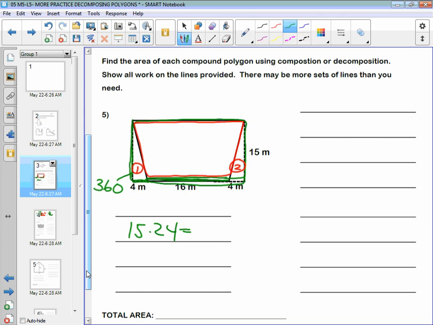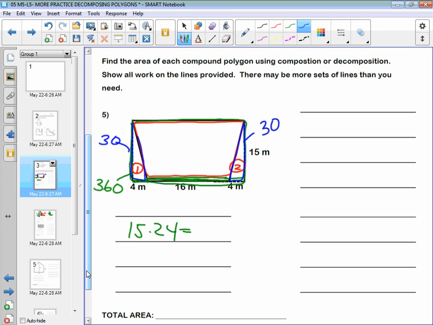I need another color here because this is my triangles. That's 30. And these are the same heights and bases, so this side is 30. I got to subtract those 2 triangles from the whole rectangle.